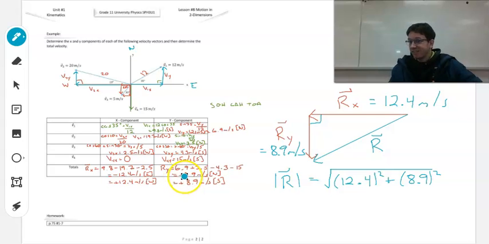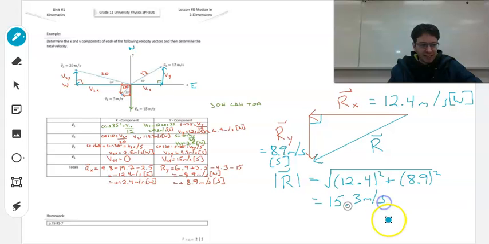You're saying the length of something is negative. So I don't have the negatives for magnitudes. Here I should write, though, west and south. Okay, but our magnitude, you punch it into your calculator, you're going to get 15.3 meters per second.